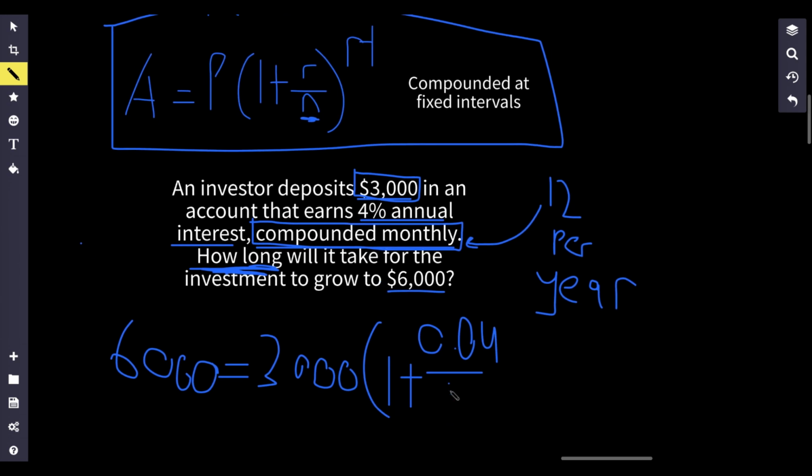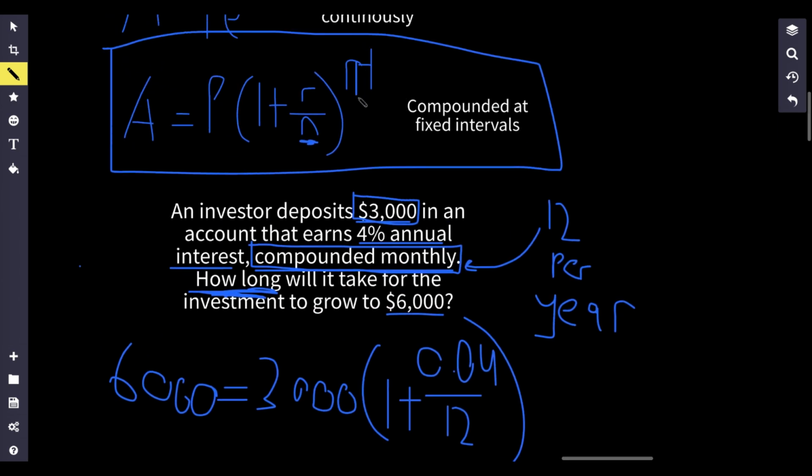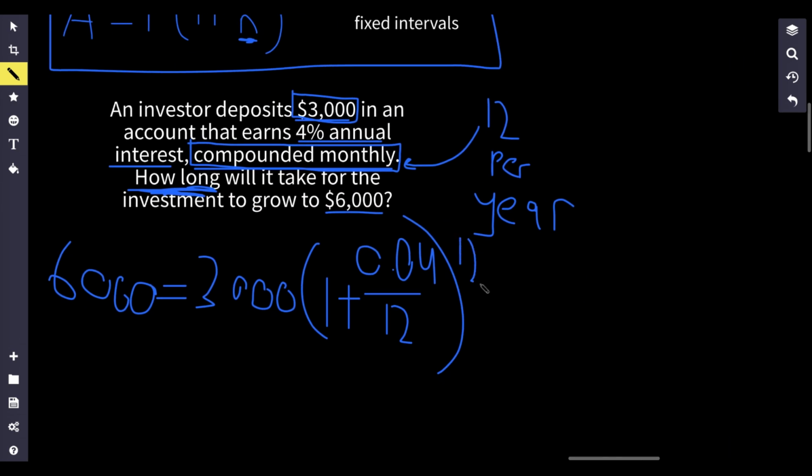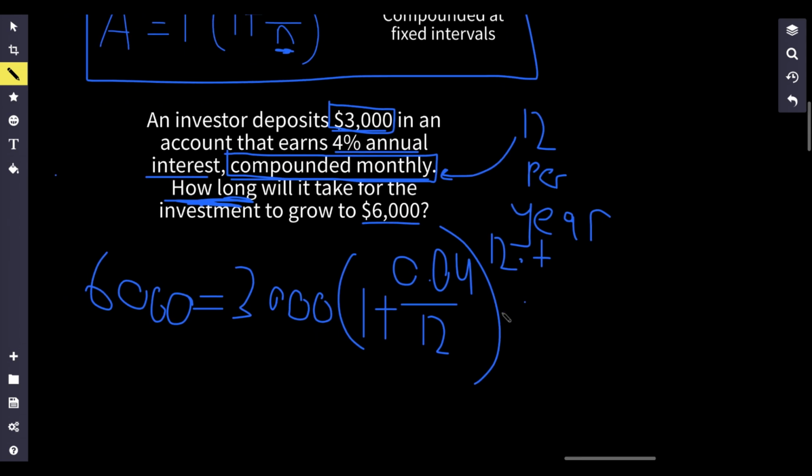It's monthly, so there are 12 months in a year, to the 12 times t power, and we're solving for time. We want to find out how long it takes to grow to $6,000. So our t up top is unknown.